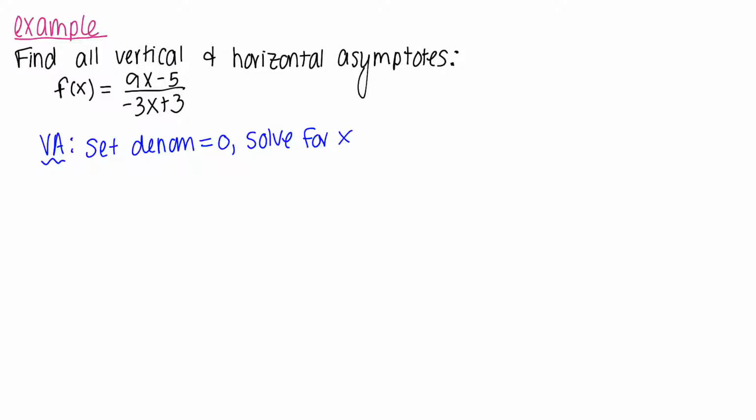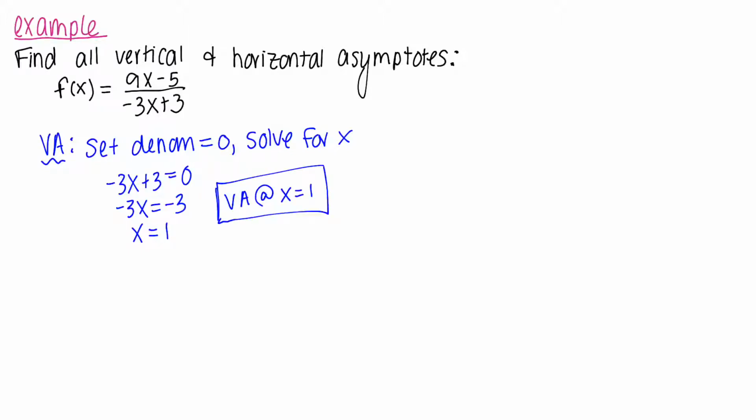So the denominator here, that's this negative 3x plus 3 equals 0. Subtracting the 3, we get negative 3x equals negative 3. And then if we divide both sides by negative 3, we'll get x equal to 1. So there's a vertical asymptote at x equals 1.